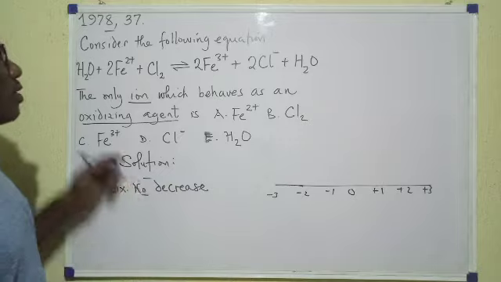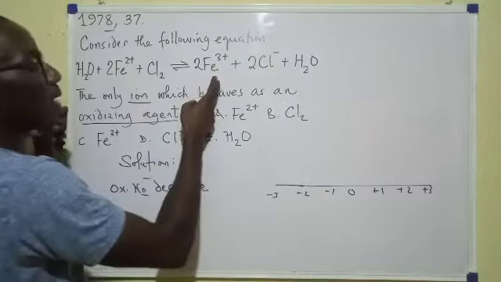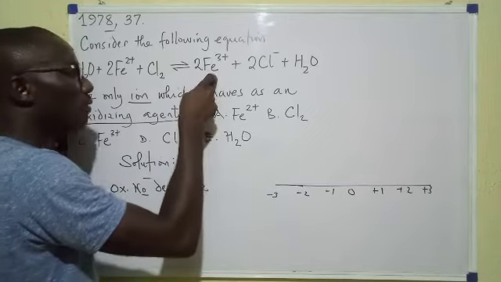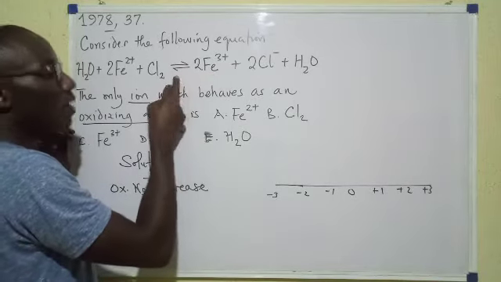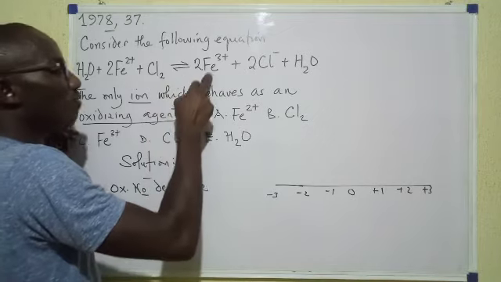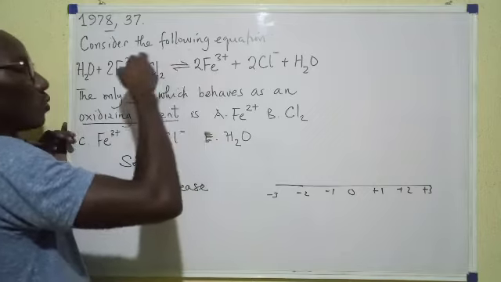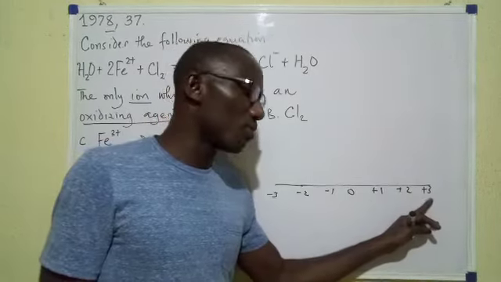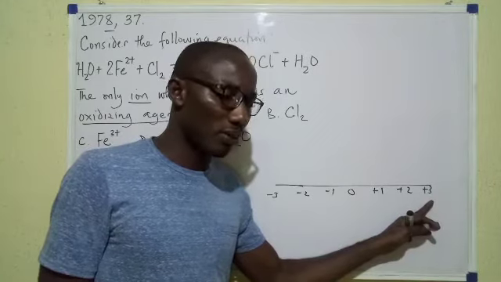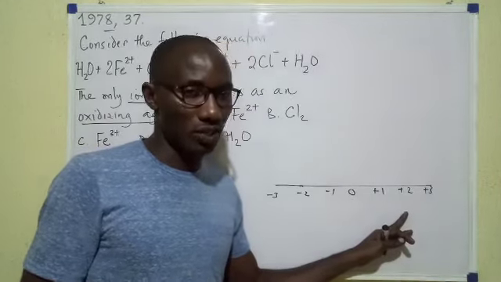For Fe3 plus, if you look at this equation, where is Fe3 plus? It's here. What happened to the Fe3 plus? Of course, that's in the backward reaction now. In the backward reaction, the Fe3 plus changes oxidation number to Fe2 plus. Now, going from Fe3 plus or anything 3 plus to 2 plus is a decrease in oxidation number.